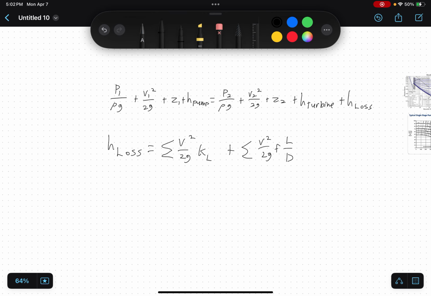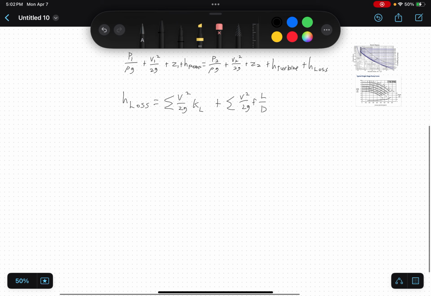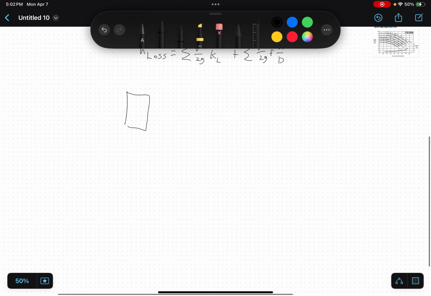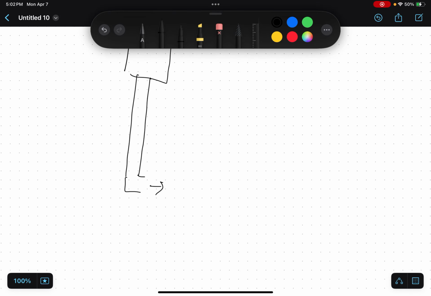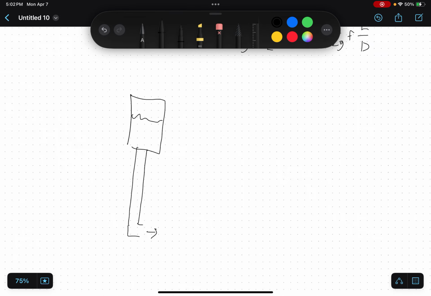It's saying a couple of things. Actually, let me redraw the example I just erased. I'm not going to redraw it exactly the same, but you get the idea.